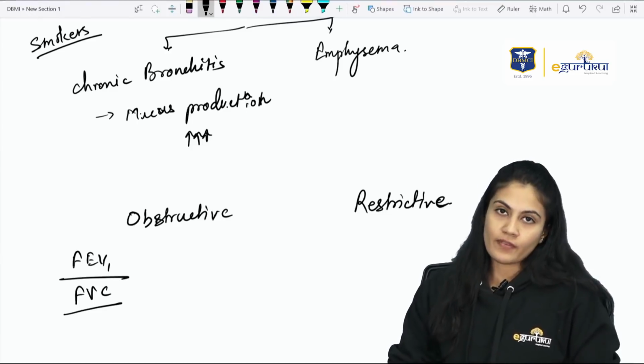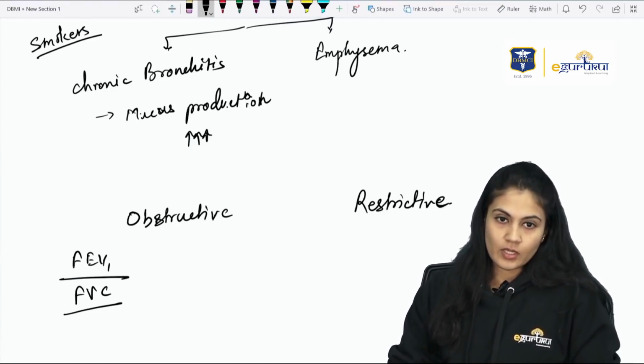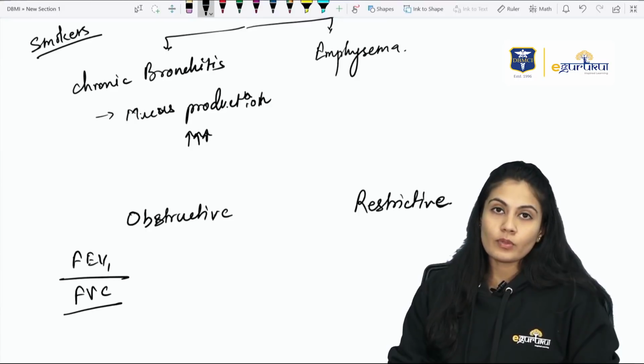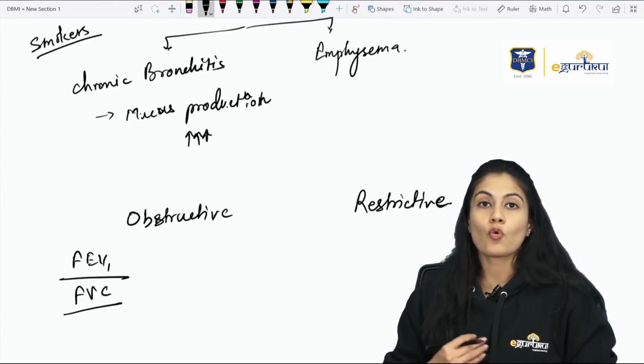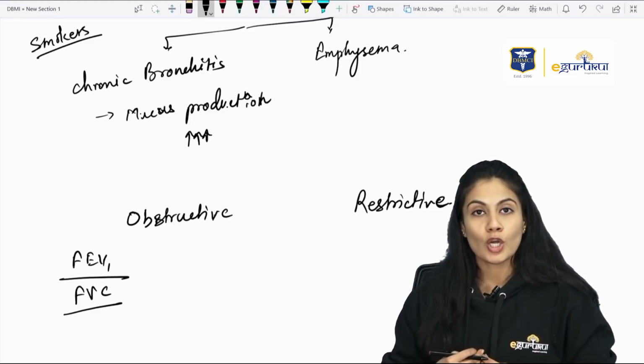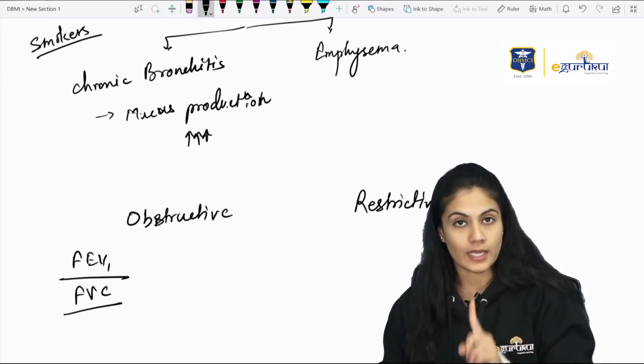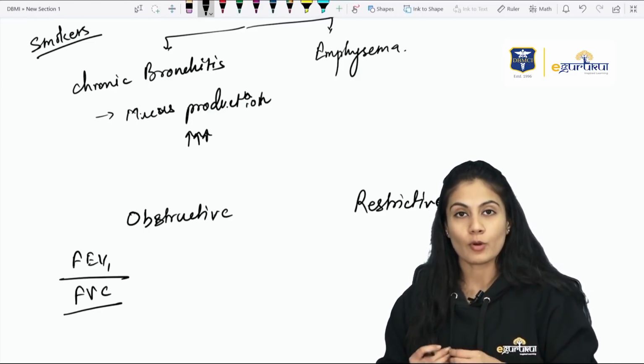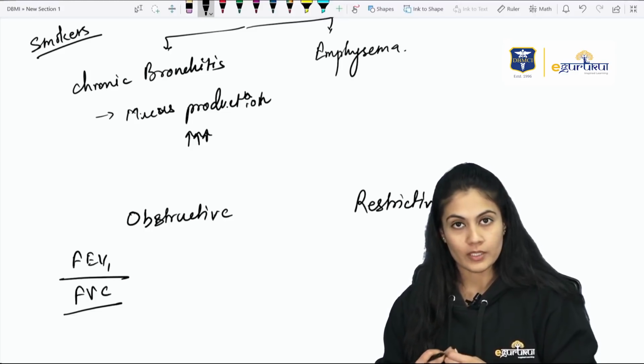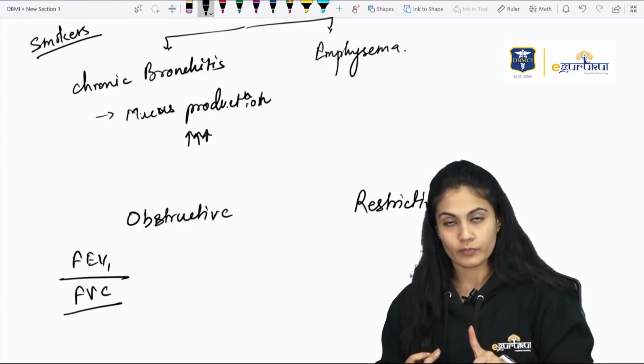What is FEV1? FEV1 is the forced expiratory volume during the first second. So how much air a person can expire as hard and as quickly as possible, that is the FEV1.